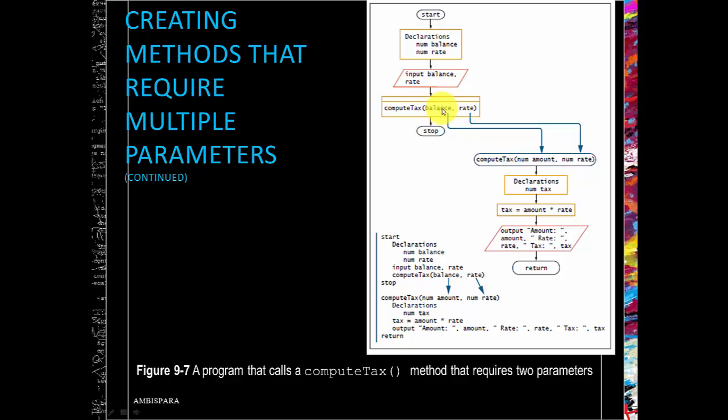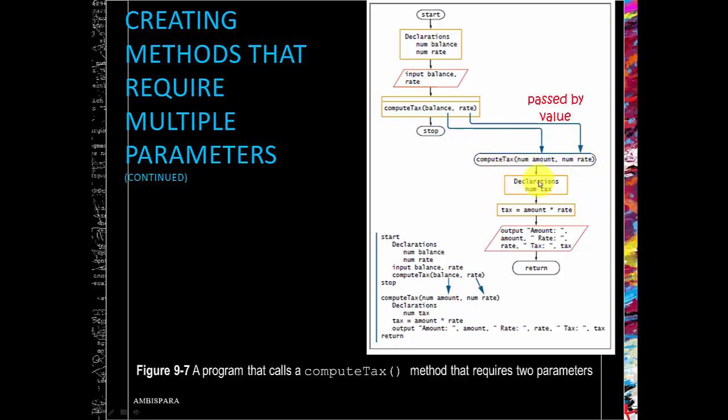Whereas here our balance and our rate, these are our actual parameters, what we're actually passing on, funneling to.